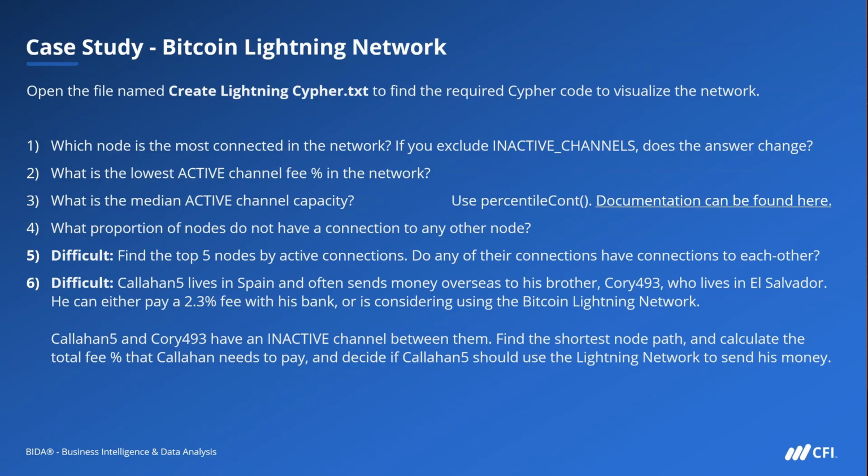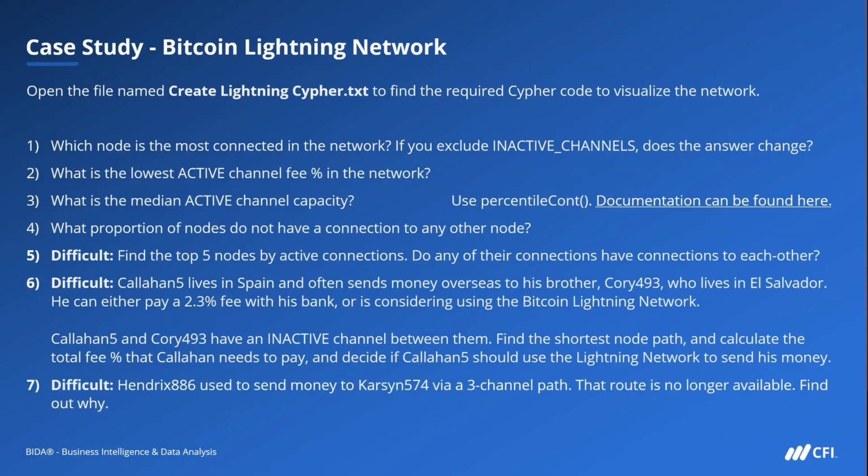So Callahan5 can either pay a 2.3% fee with his bank or is considering using the Lightning Network. Callahan5 and Corey493 do have an inactive channel between them, but they can't use it. Your task is to find the shortest node path and calculate the total fee percent that Callahan needs to pay. With that, you can decide if Callahan5 should use the Lightning Network to send his money.